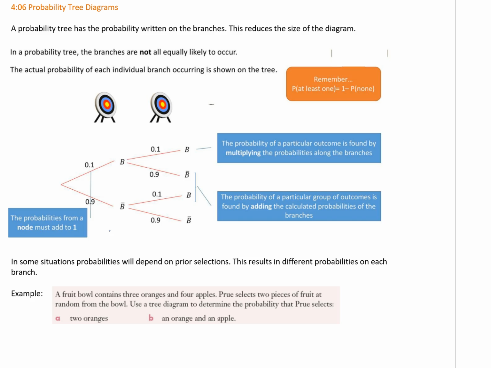Now, like I said, we're going to be writing the probability on each branch, because as you know, not all branches now are equal in probability, because if I'm talking about the probability of getting a 6, then we know that is 1 in 6, and everything else other than a 6 would have a probability 5 on 6.